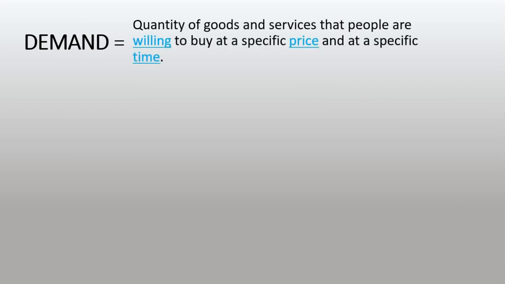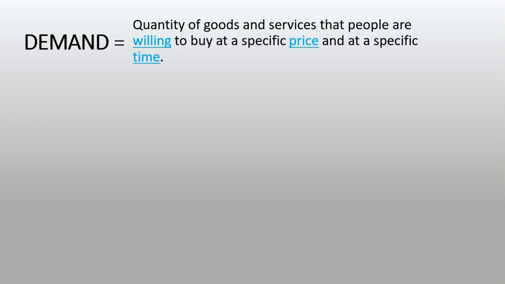In the first tutorial, we looked at the concept of demand and we said that this is where people are willing to buy a product at a specific price. Now, it's important to know that there is a certain relationship between the price of a product and the demand for the product.